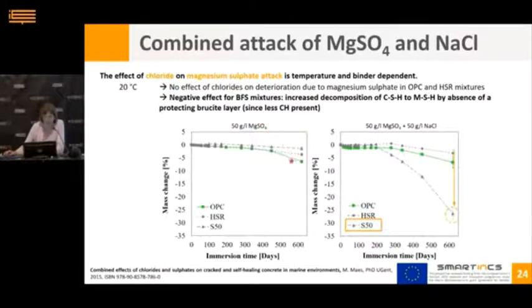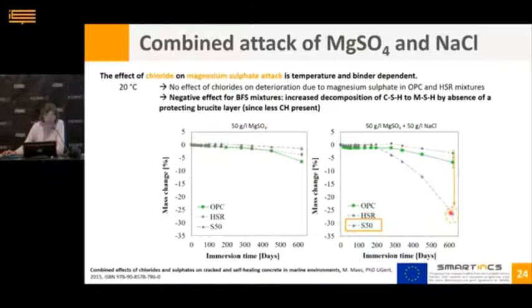And we clearly see now that there is no effect of the chlorides on the deterioration due to the magnesium sulfate in case of OPC and the HSR mixtures. So we see these two are still at the same height. But there are negative effects now for the blast furnace slag mix. So we now see that this performs less well in case of chlorides being present.